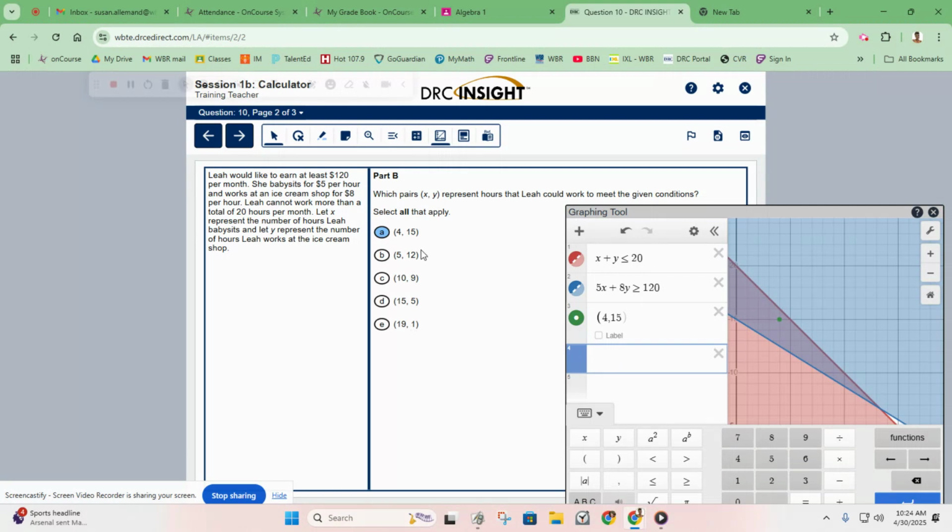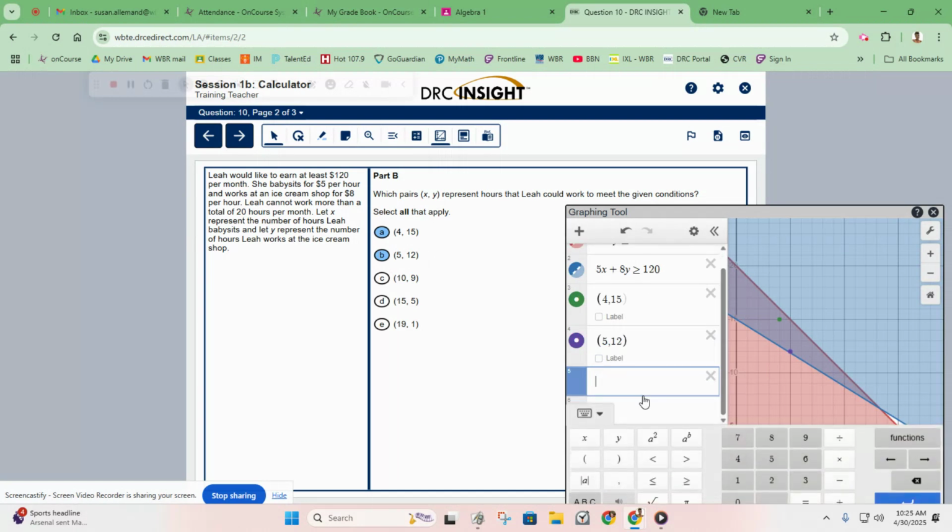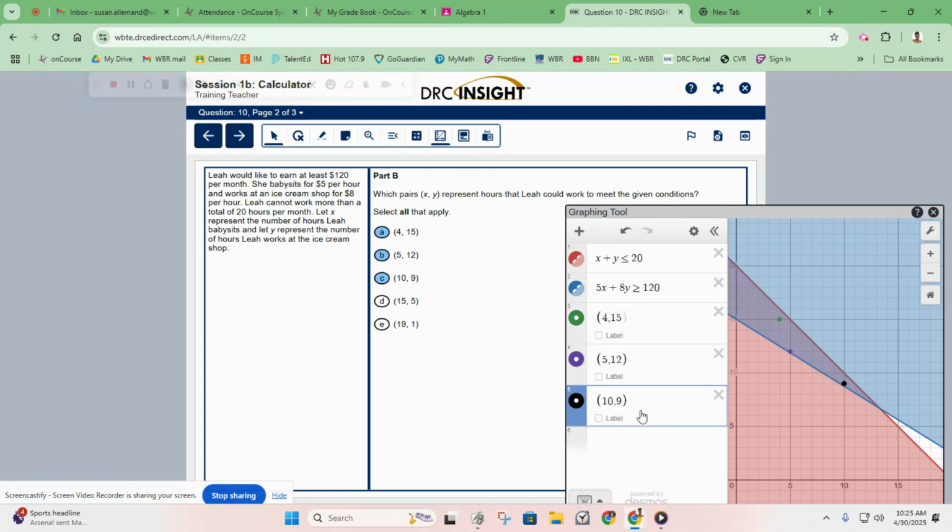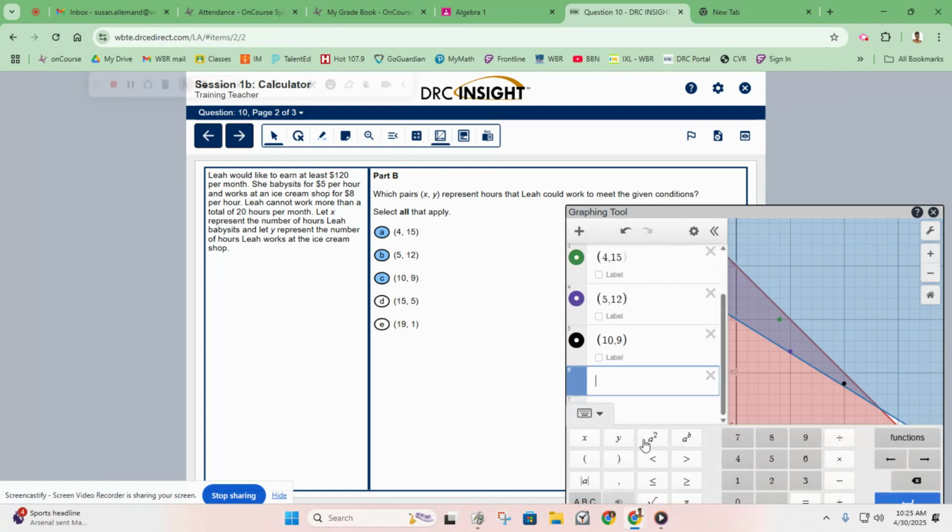Go down to our next line, let's try 5, 12, and see if that is part of my solution. It is in fact within the solution area, so I select that one again. Next point is at 10, 9. That one is also in my solution, so A, B, and C are right already.